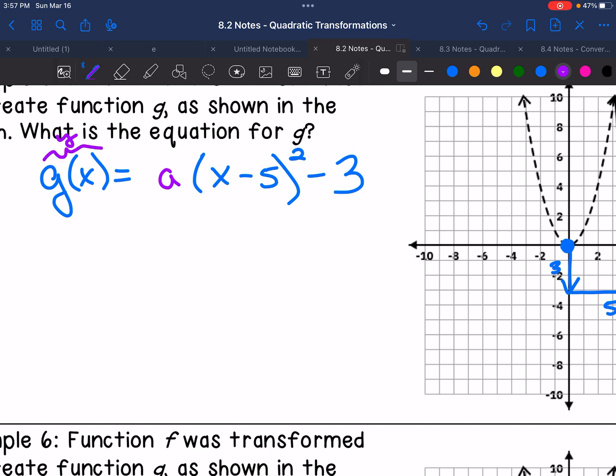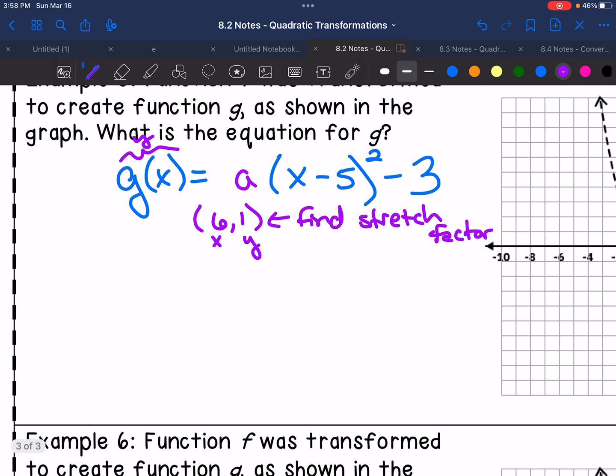So if I'm plugging in my point, 6, 1, x is going to be 6, and g of x is going to be 1. This is how I'm going to find my stretch factor. So instead of g of x, I'm going to write 1 equals a times parentheses, instead of x, 6 minus 5, close the parentheses, squared, minus 3.